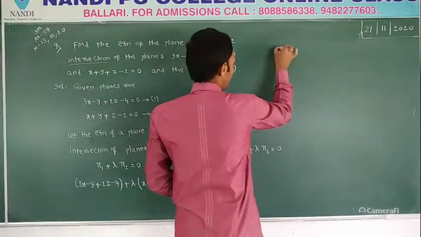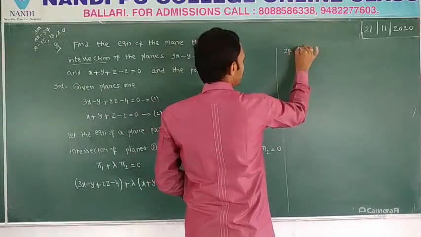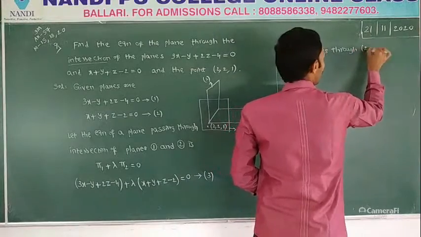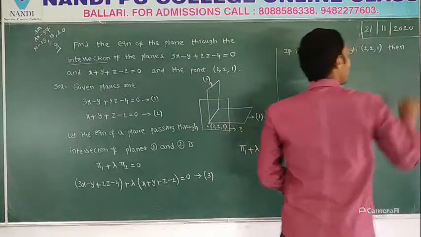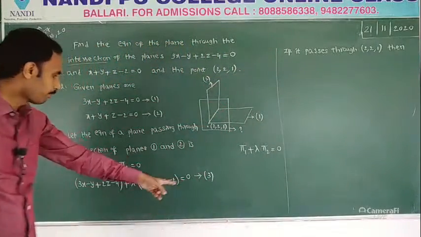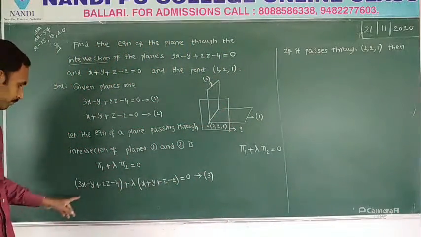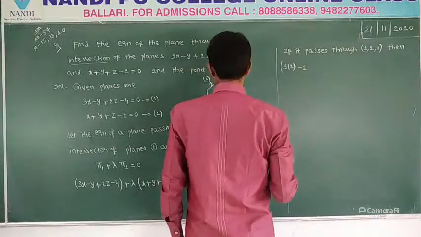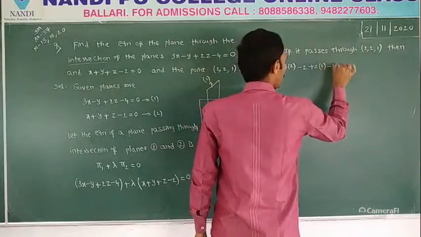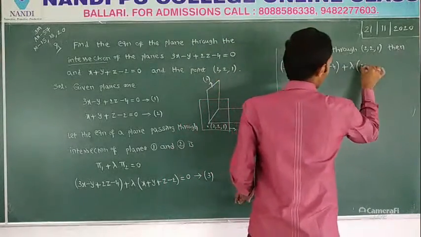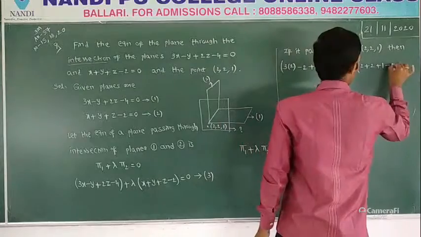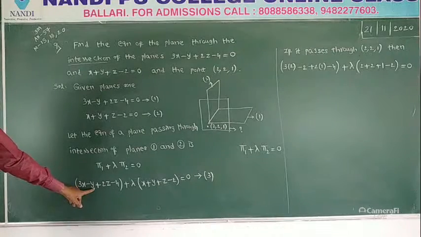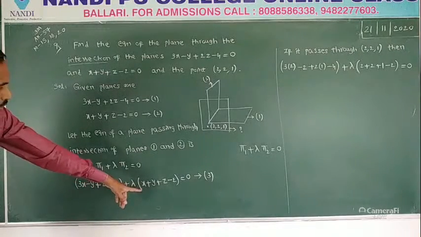If it passes through (2, 2, 1), then substitute that point in the plane equation, in the place of x, y, z. 3 into 2 minus 2 plus 2 into 1 minus 4 plus lambda into (2 plus 2 plus 1 minus 2) is equal to 0.